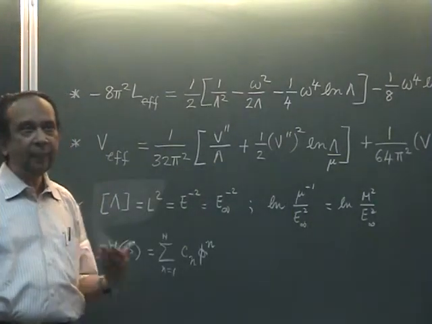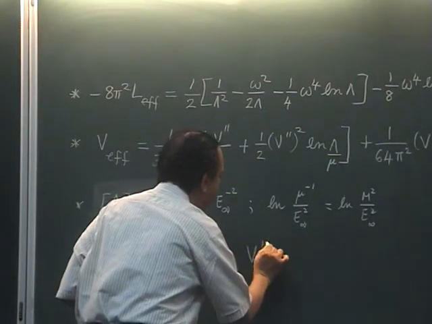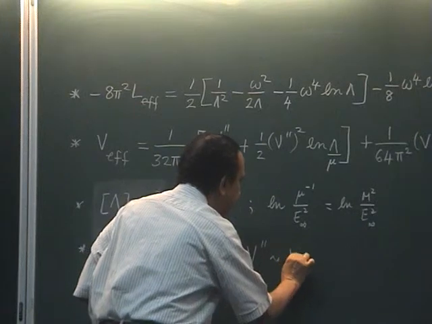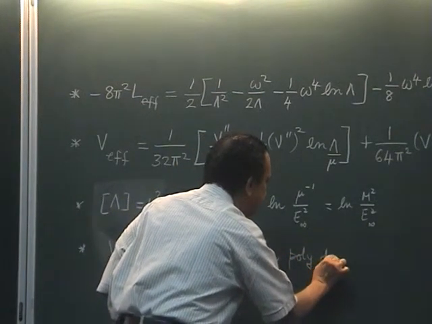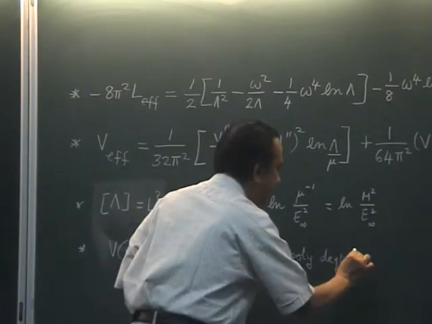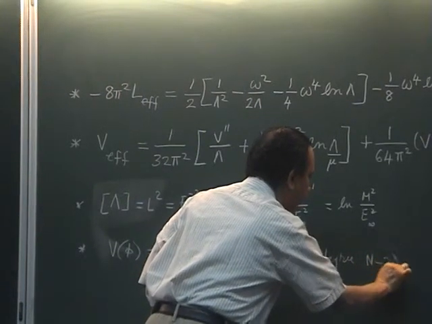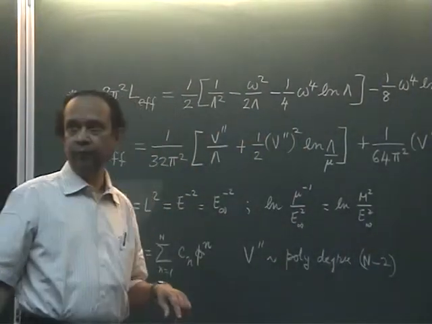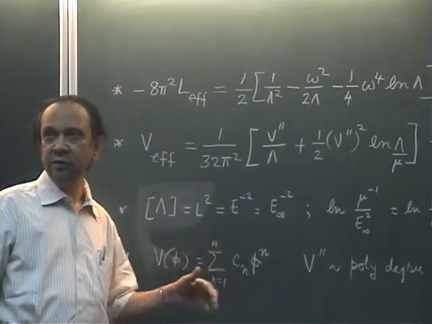Now if you take V double prime, it will go as a polynomial of degree, if it is n, n minus 2. Right? Because I have taken two derivatives, so this is up to n, so it is n minus 2.